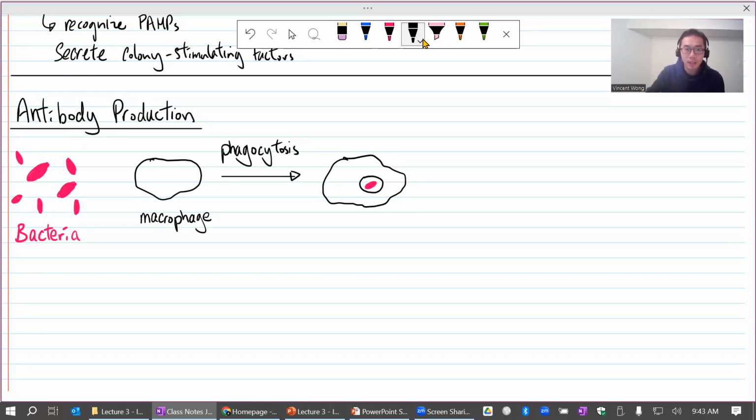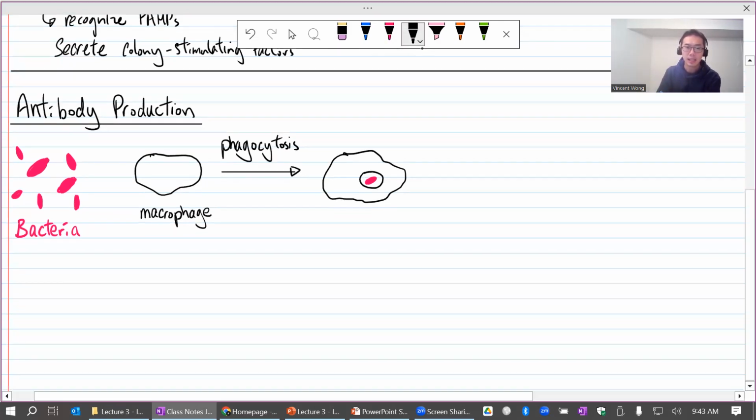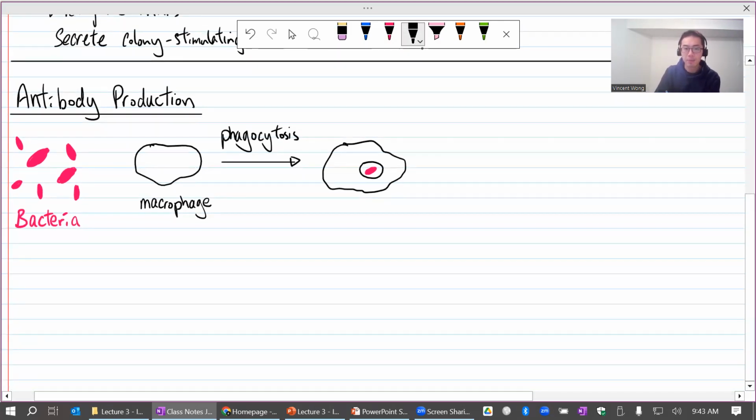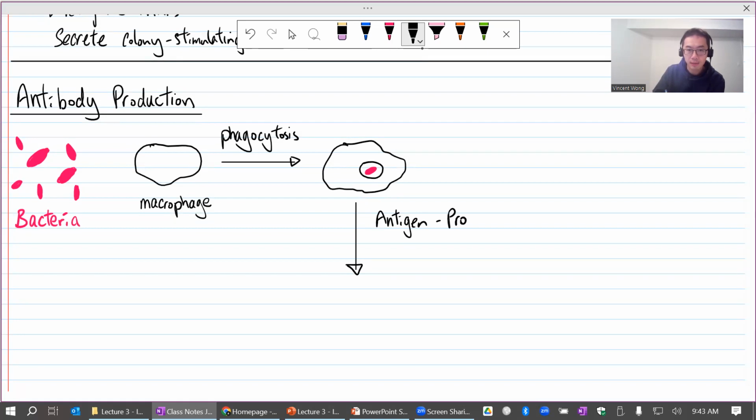And so one of the special abilities of macrophage is that after it eats up the bacteria, it can do something called antigen processing.